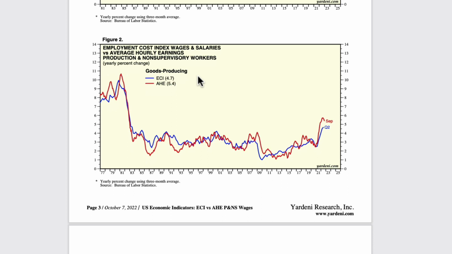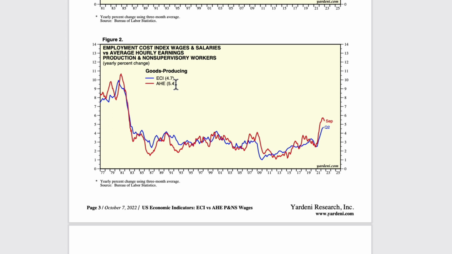And he breaks it down into different categories. Goods producing, ECI versus average hourly earnings. So the average hourly earnings can be affected again by the composition of the type of job. So let's say that there has been a move in the economy towards jobs that are more cognitively intensive, so that the individuals earn more money.